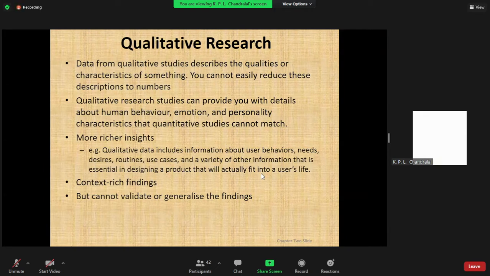So in that case, we prefer a qualitative approach, because that is more consistent with what we want to achieve with the research. So let's look at the different options that are available for researchers interested in qualitative aspects. Let's move on.